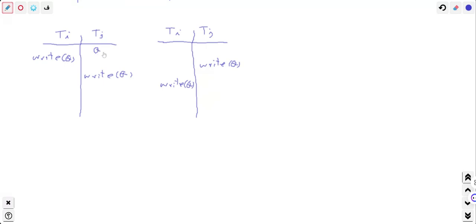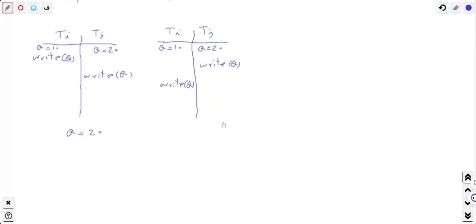If Ti writes first and then Tj writes, the last value of Q will be 20.